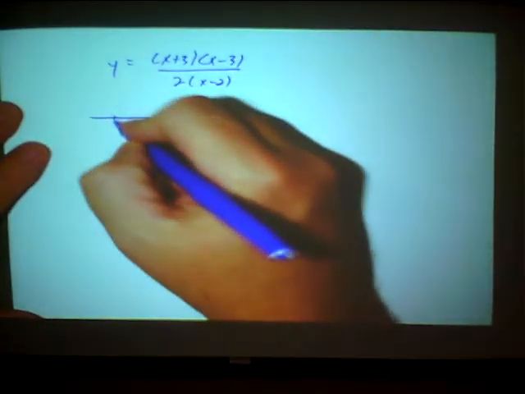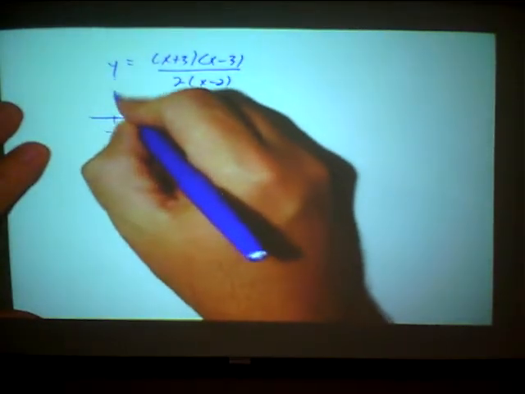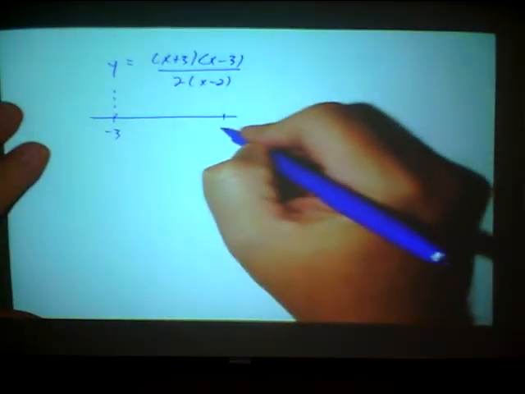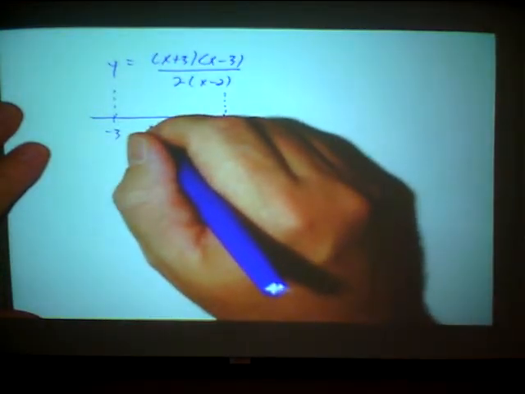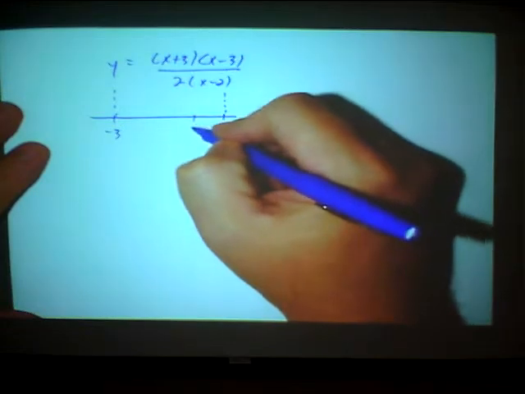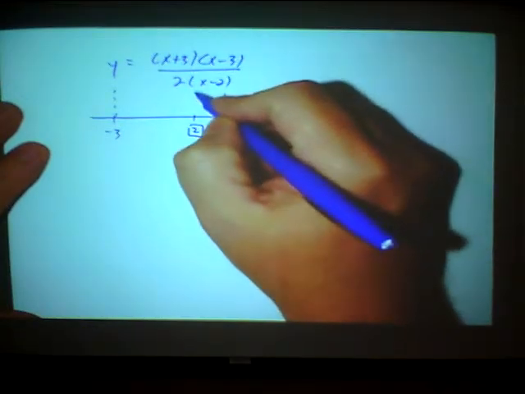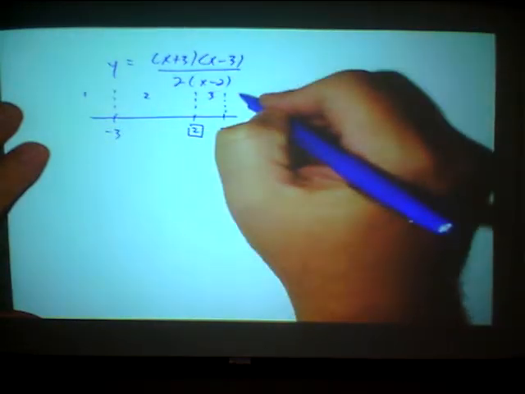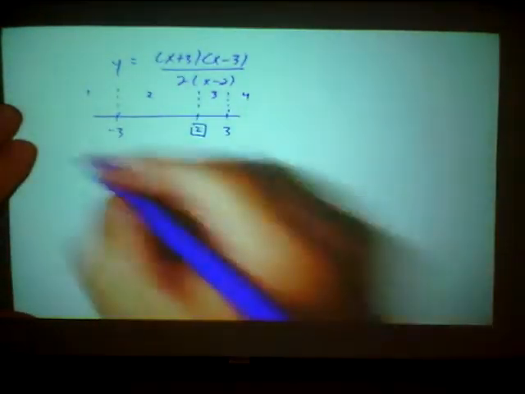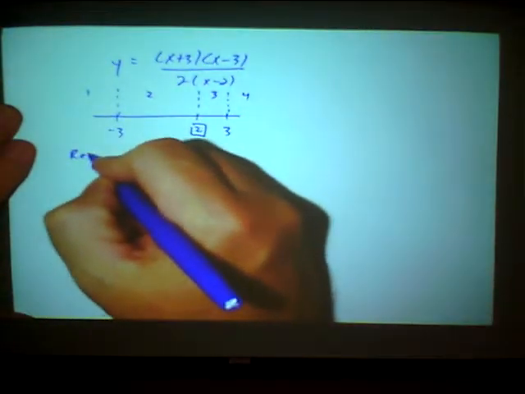I have an x-intercept of minus 3, an x-intercept of 3, and a vertical asymptote of 2. So it looks like I'll have 4 regions.